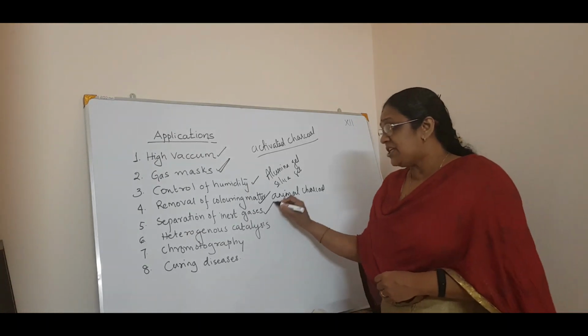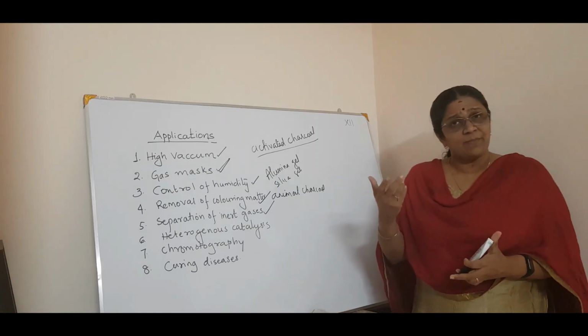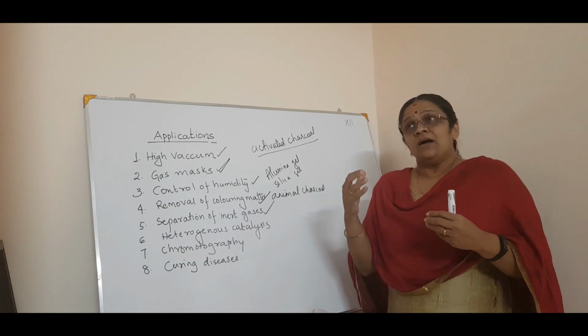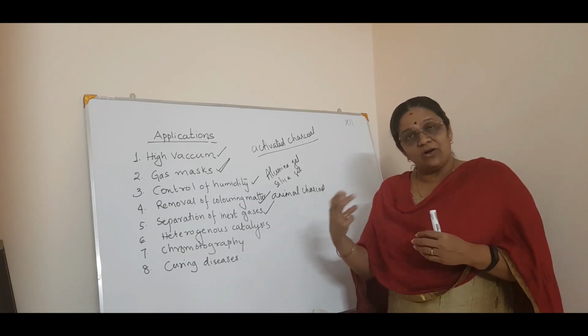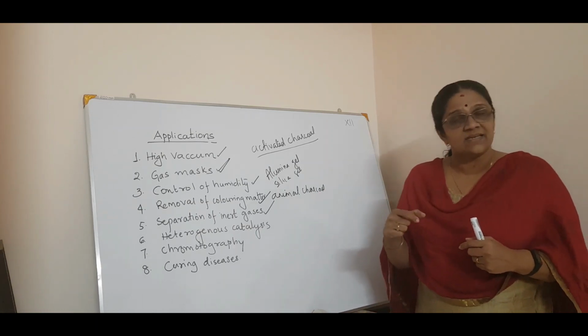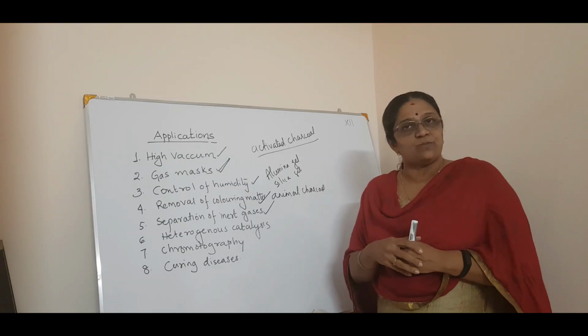Now coming to the separation of inert gases. How will you separate inert gases from the point of view of adsorption? You know the inert gases: helium, neon, argon, krypton, xenon. Radon is radioactive. What happens in this case is that all these inert gases have different degrees of adsorption.